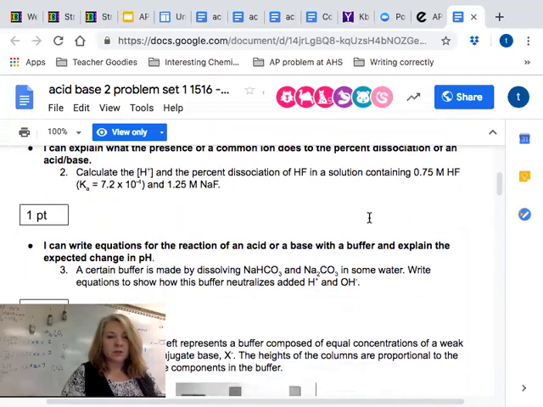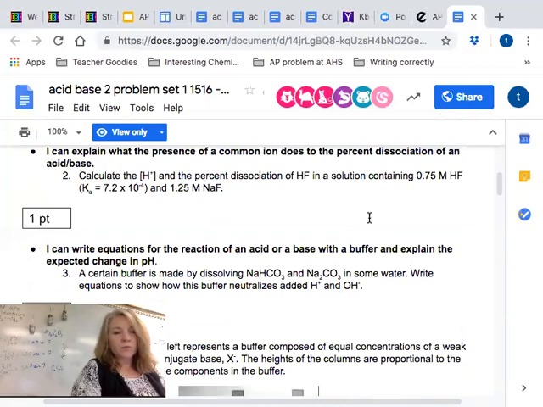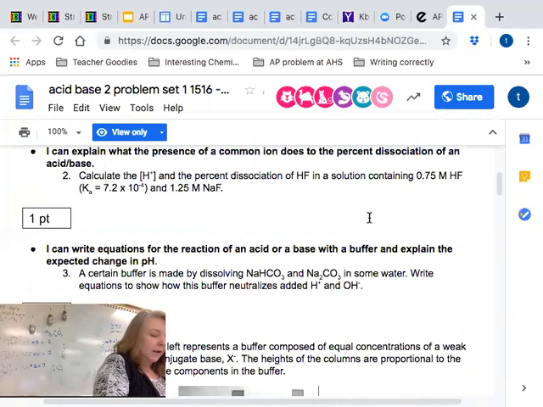So let's do number 2 together real quickly, just simply because we need to refresh our memories on how to do percent dissociation. They don't even want the pH on number 2. So I'm going to go ahead and write down what we have. We're looking for H plus, and we're looking for the percent dissociation.